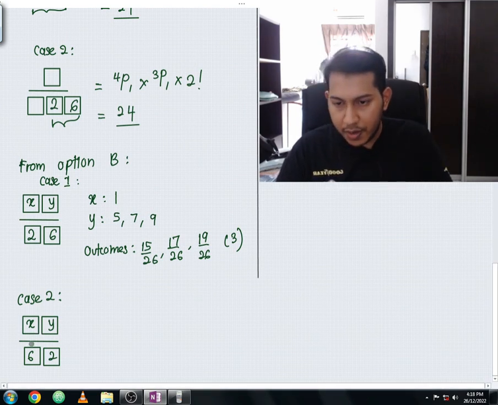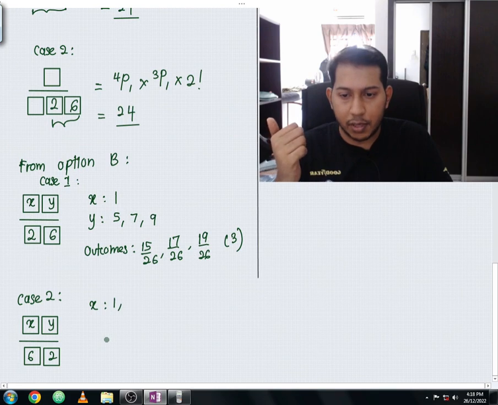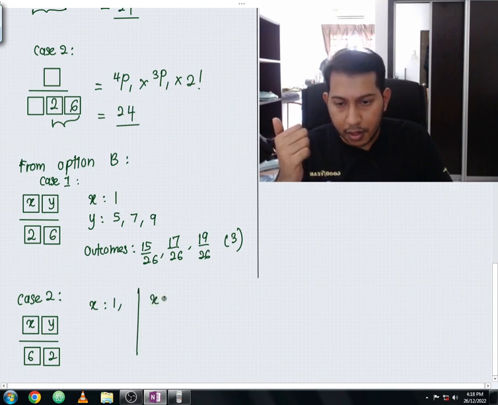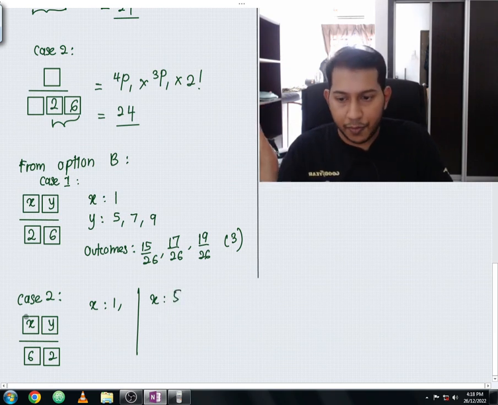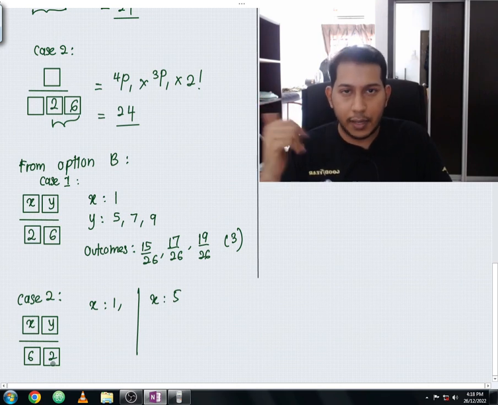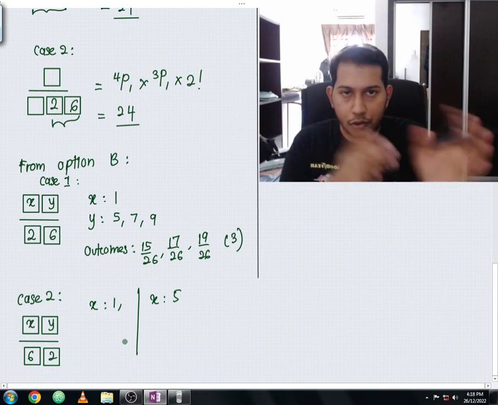So you can have your possible x value to be 1. You can also have your possible x value as 5, too. If you place 5 here it is still smaller than 62, right? Regardless of any value that comes at y. So within case 2 we are dividing into two options.